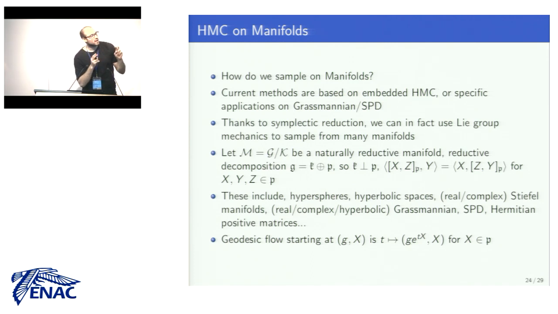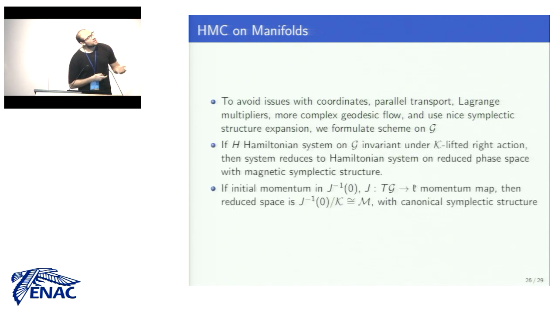So they still look like the K-invariant geodesic flow, although your metric is not necessarily bi-invariant, because you're going to have non-compact Lie group. Say for SPD, you have GLN over ON. So essentially that allows you to just reduce the problem of homogeneous HMC to Lie group HMC.